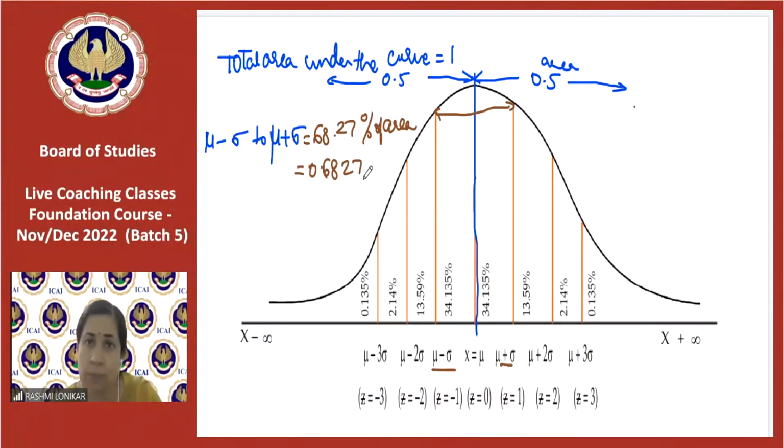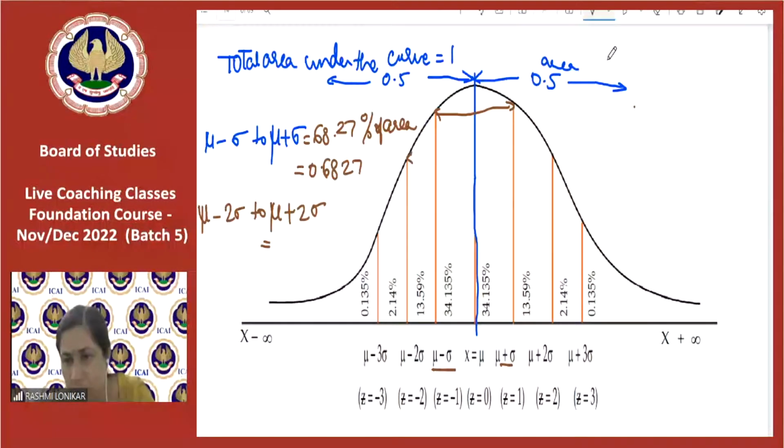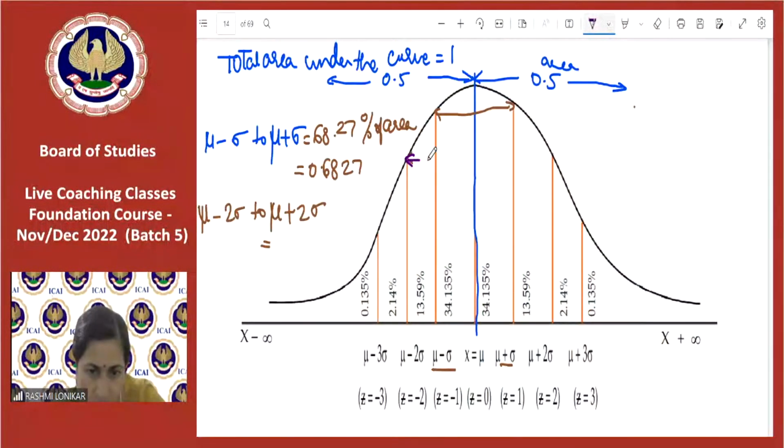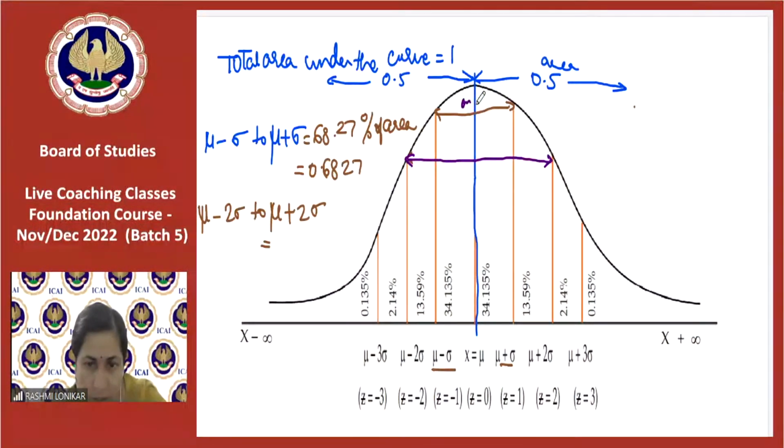What will happen if I go to 2 deviations, not one but 2 deviations to the left and 2 deviations to the right? So this is mu minus 2 sigma to mu plus 2 sigma. How much will that be? This is for 1 sigma deviation, and this is for 2 sigma deviation.